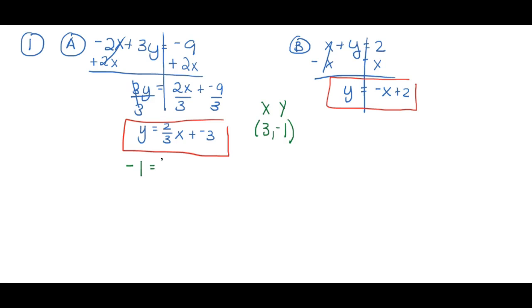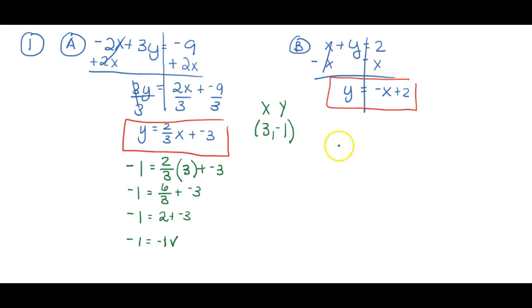And in place of x, I'm putting in 3, so 2/3 times 3 plus negative 3, so we have negative 1 equals 6/3, because remember, we're just multiplying our numerators, plus negative 3. Negative 1 equals 2 plus negative 3, negative 1 equals negative 1. Yay! Check. This one checked out.